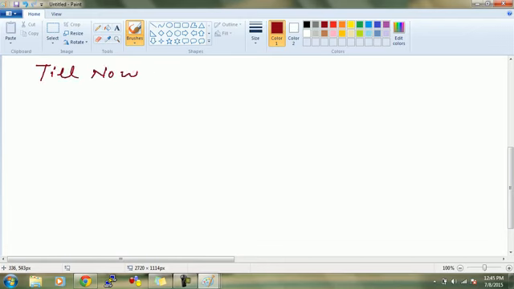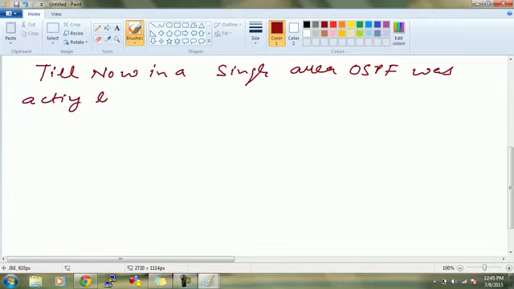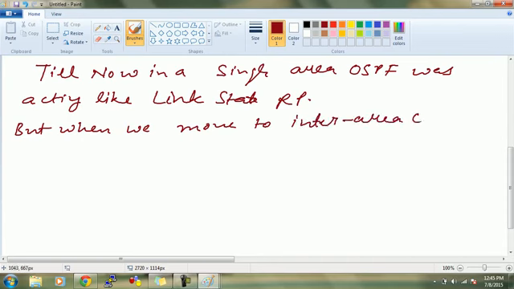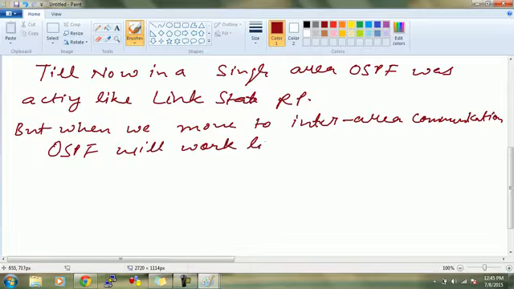Guys, till now in a single area OSPF was acting like a link-state protocol, but when we move to inter-area communication, OSPF will work like a distance vector.